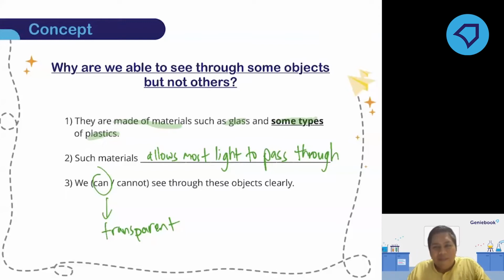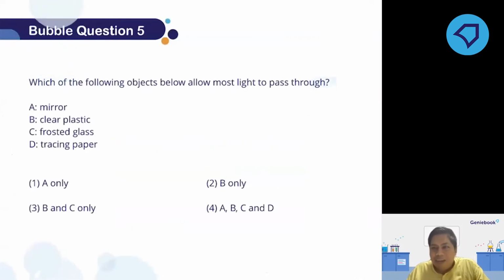Okay, bubble question time. Ready? Next bubble question. Another 1 minute, starting from now. Read very carefully. Read the options very carefully. Do not rush through, okay? Wow, Hans Lim, already done so fast.